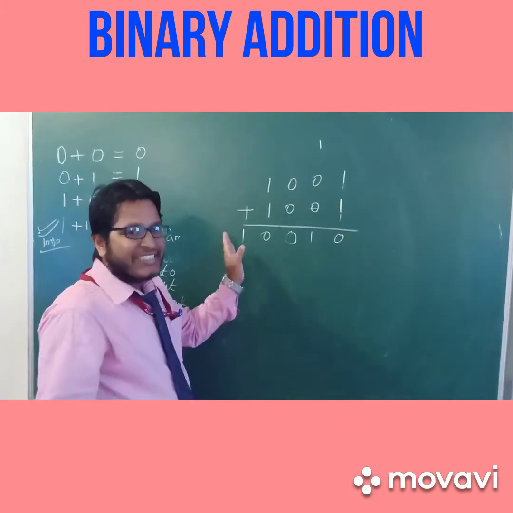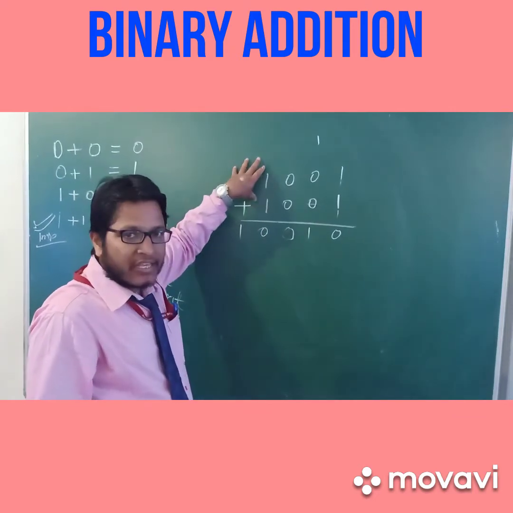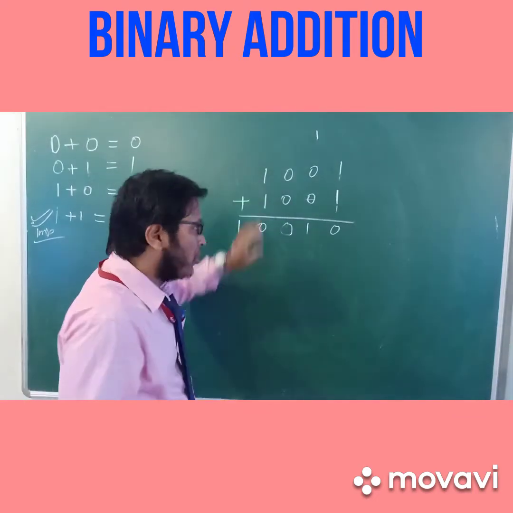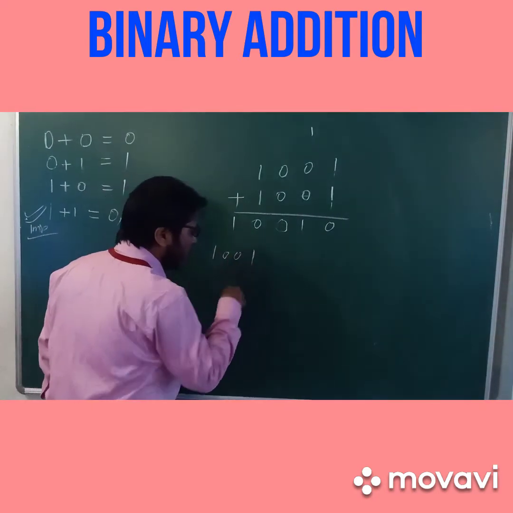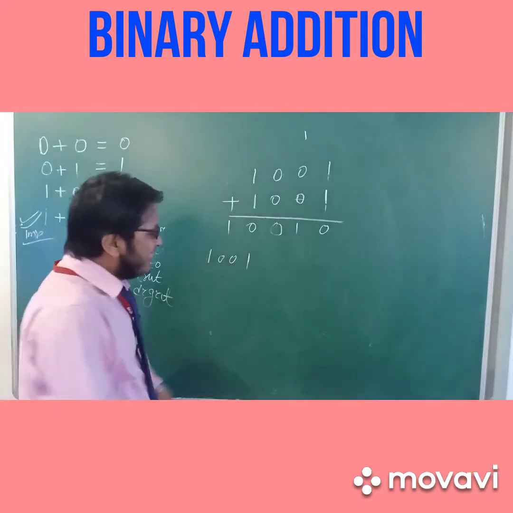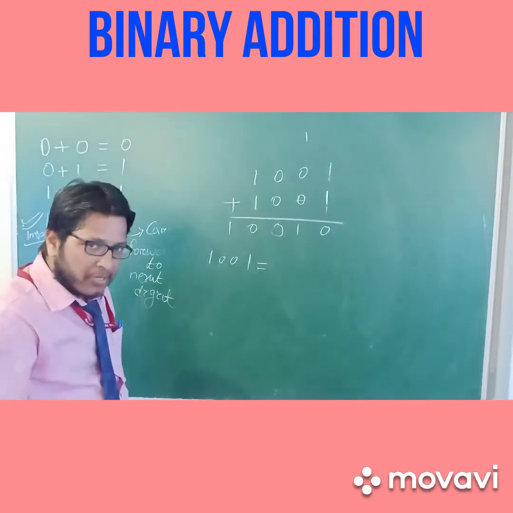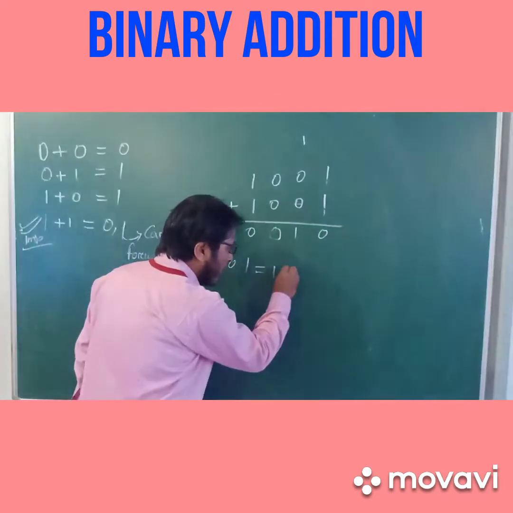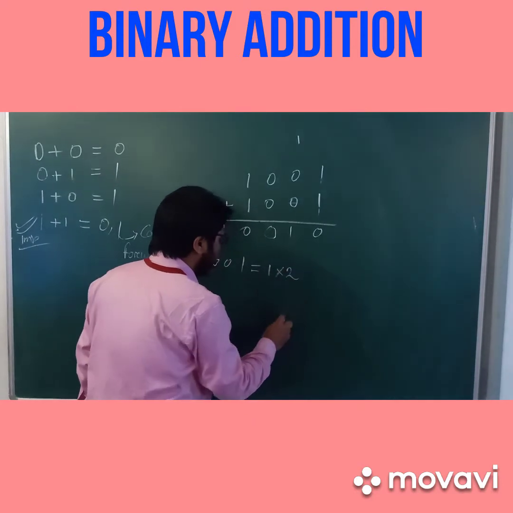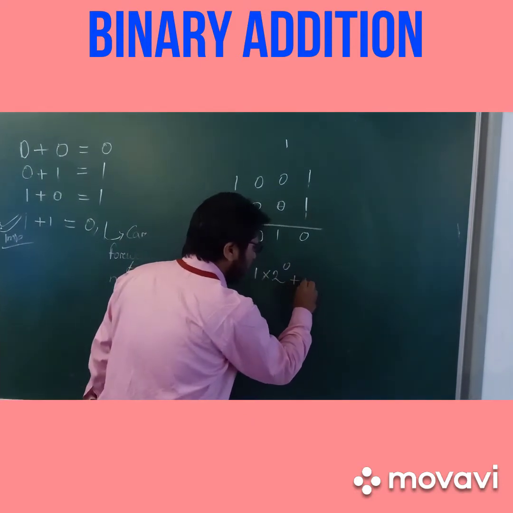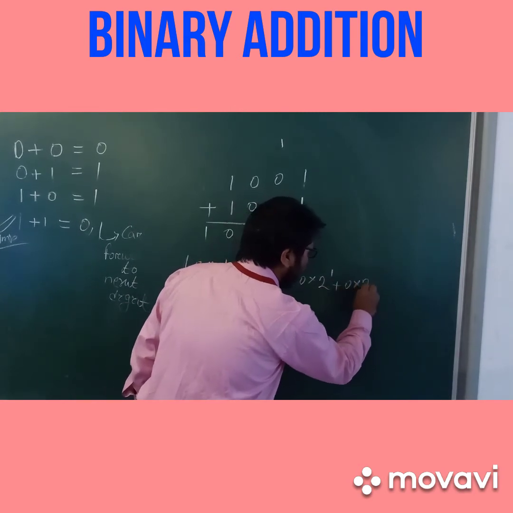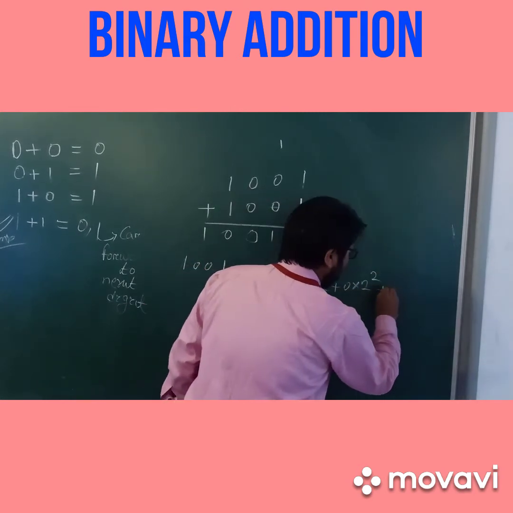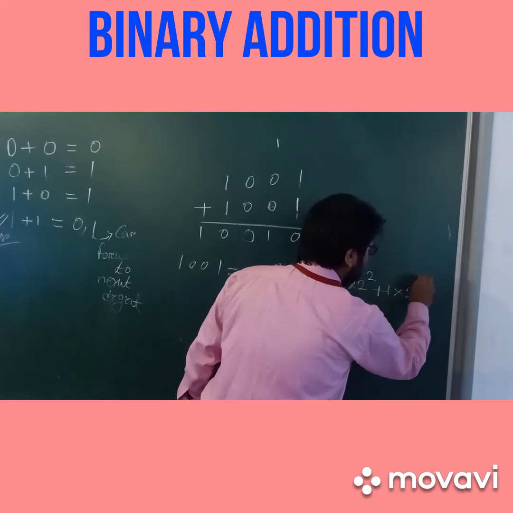Now we check whether this answer is correct or wrong. First of all, 1 0 0 1, I want to convert into the decimal number. How to convert? 1 into 2 to the power 0 plus 0 into 2 to the power 1 plus 0 into 2 to the power 2 plus 1 into 2 to the power 3.